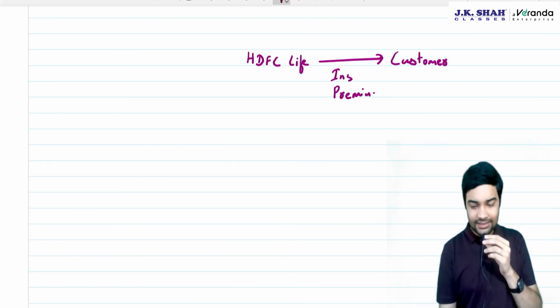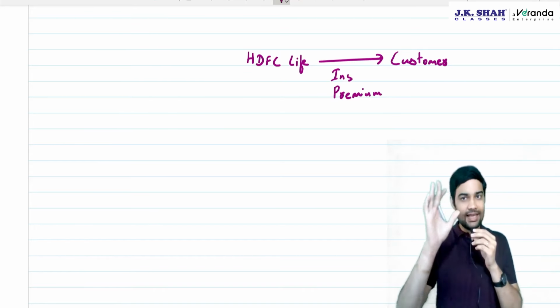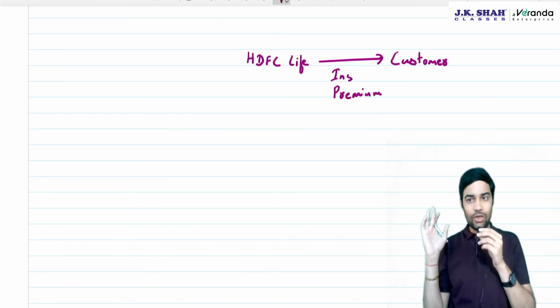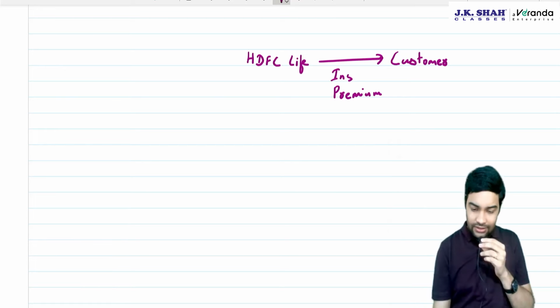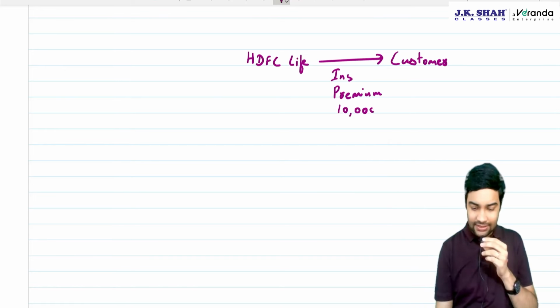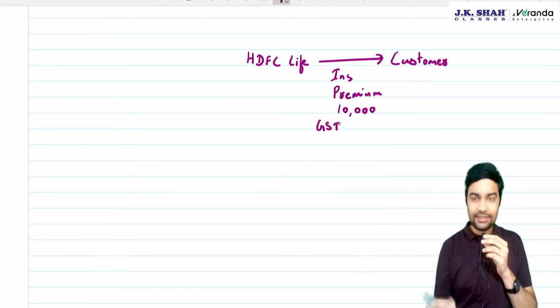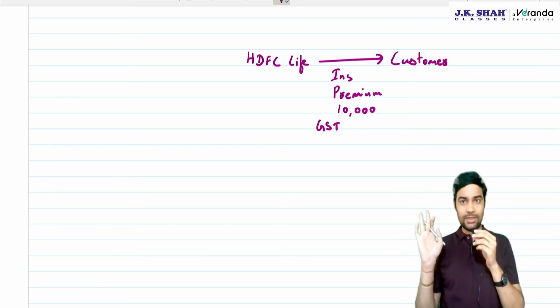Insurance premium. Is GST applicable on insurance premium? The answer is yes. GST is applicable on insurance premium. So on this insurance premium, say suppose it is 10,000, GST is charged by HDFC Life to customer.